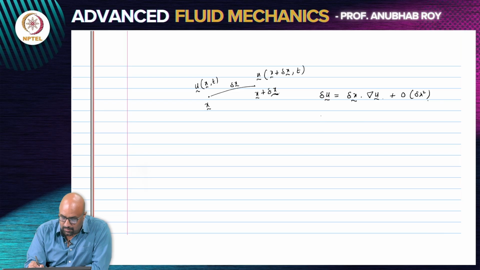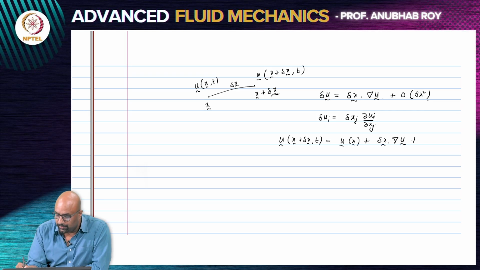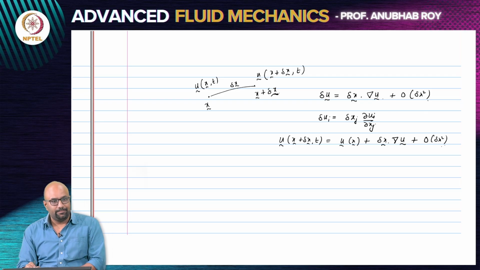Written in index notation, delta ui is delta xj dou ui dou xj. So the velocity at the neighboring point, u of x plus delta x comma t, is u of x plus delta x dot del u, and the higher order term would be order delta x square.